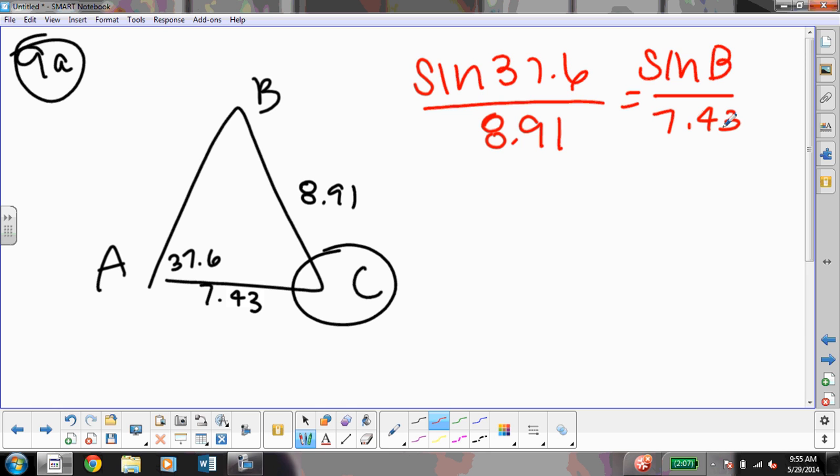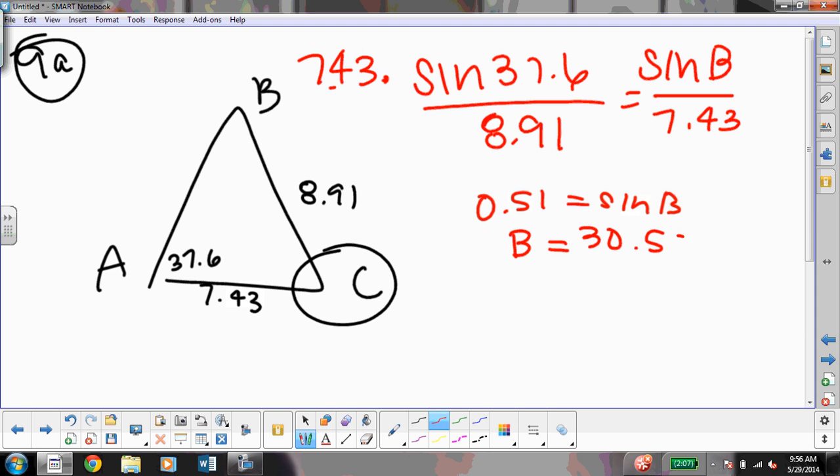So I have 7.43 times the sine of 37.6 divided by 8.91, which is 0.51. And then I need to do the inverse sine of that. Since this isn't a special ratio, I'll have to use my calculator. So angle B can equal 30.58 degrees.